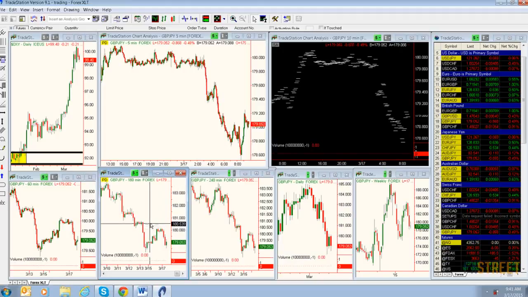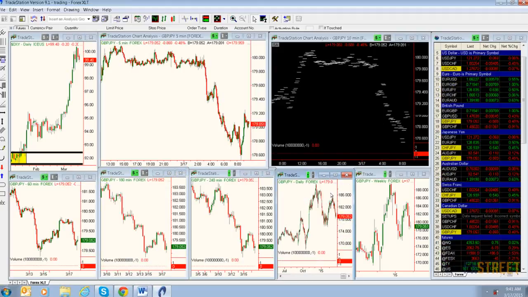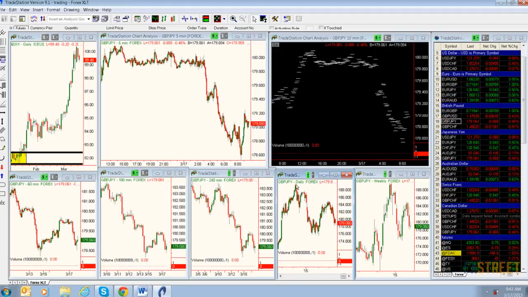Again, this market's going to be similar to the others. There's just larger time frame lack of demand until you get down to the 174 area, maybe 174.50.